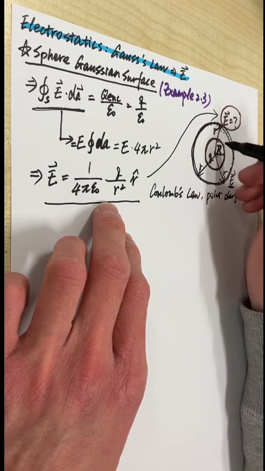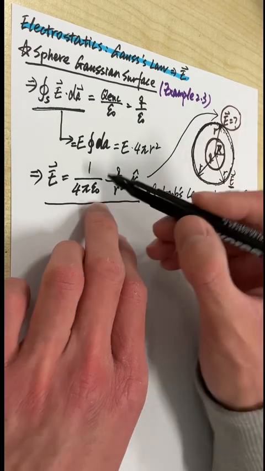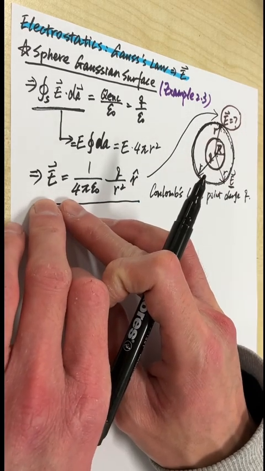So the size of the sphere doesn't affect the magnitude of the electrical field.